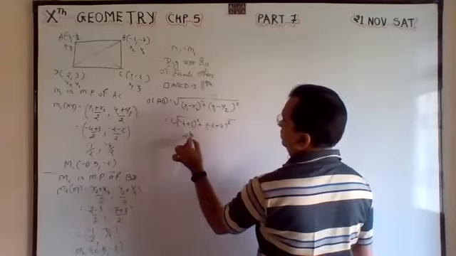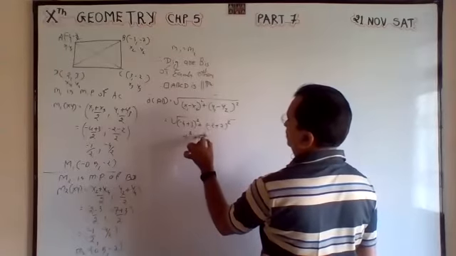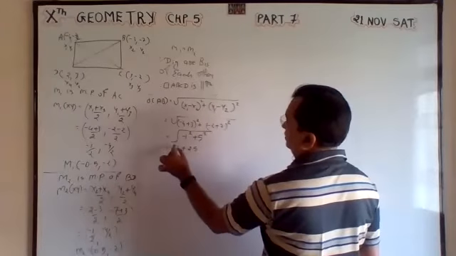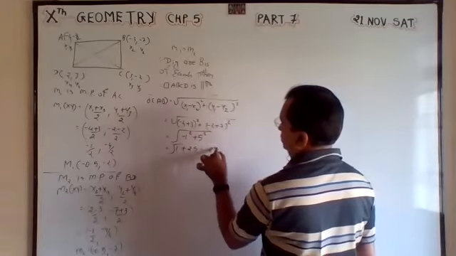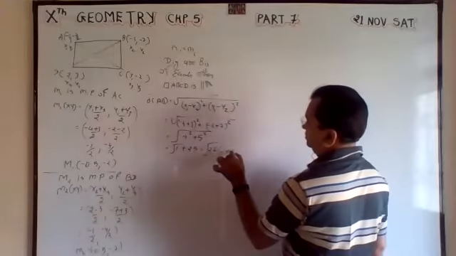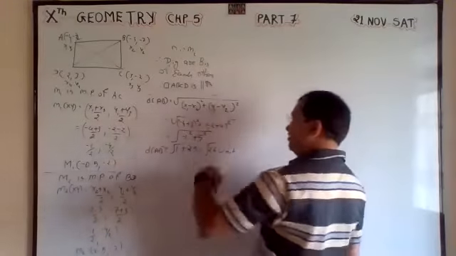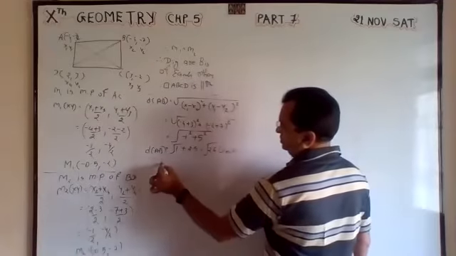So this is minus 1 square, this is plus 5 square. 1 square is 1, 5 square 25, so it is 26 units. Which is distance AB.